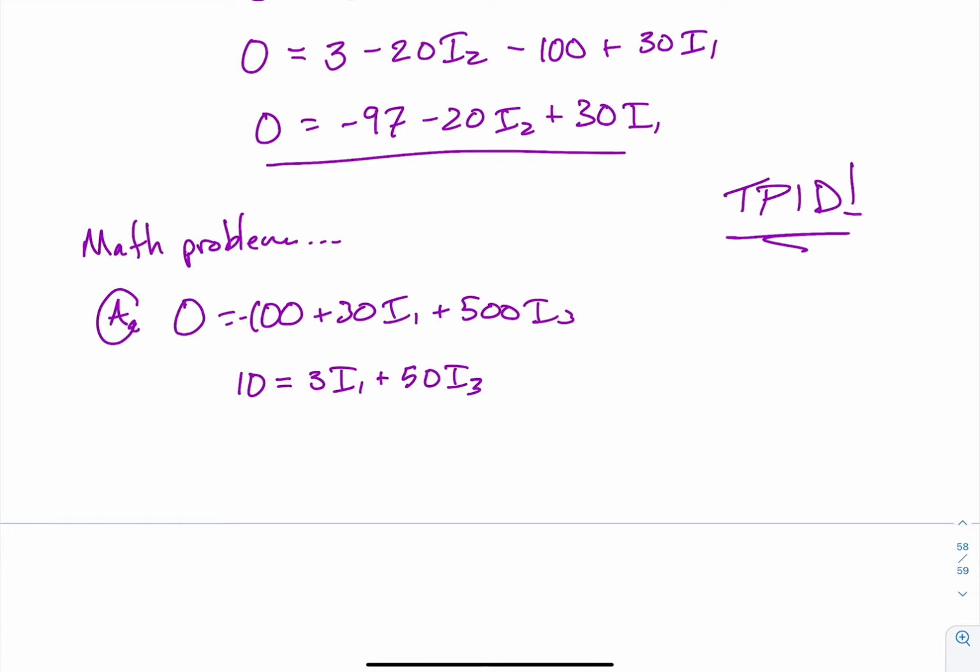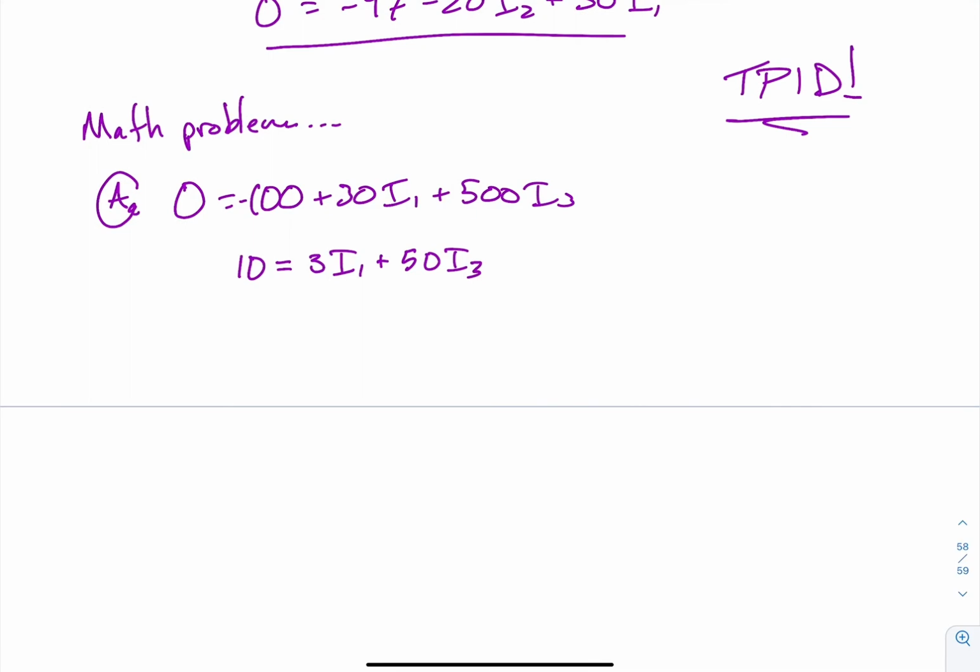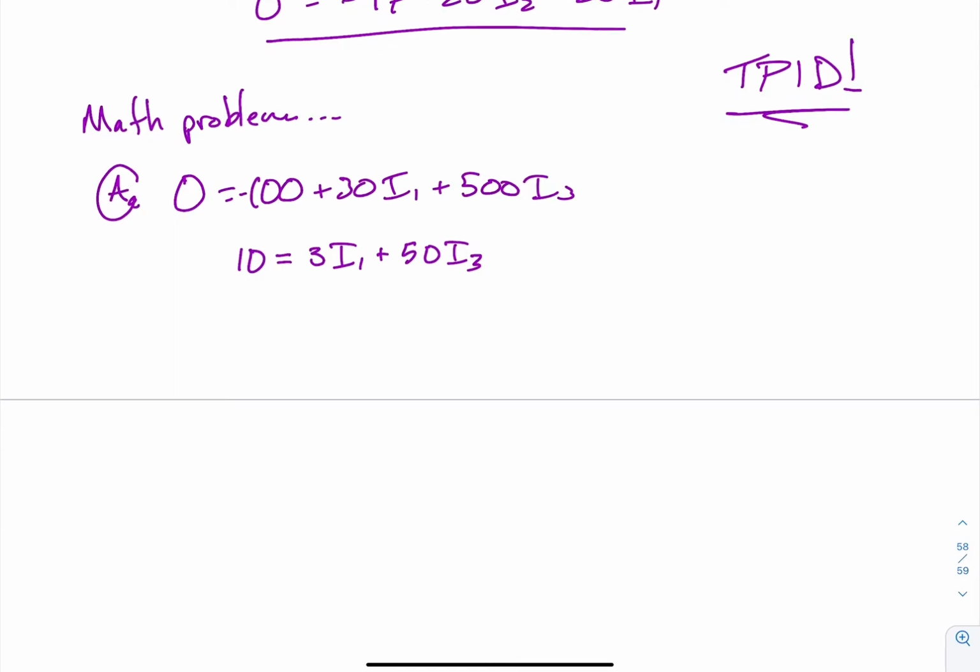And so I think what I'm going to do, because I just like math, I'm going to solve this equation for I1. So I'm going to subtract the 50I3. So we'll have 10 minus 50I3 and divide the whole thing by 3 to get I1. And I'm just going to hold off on that.